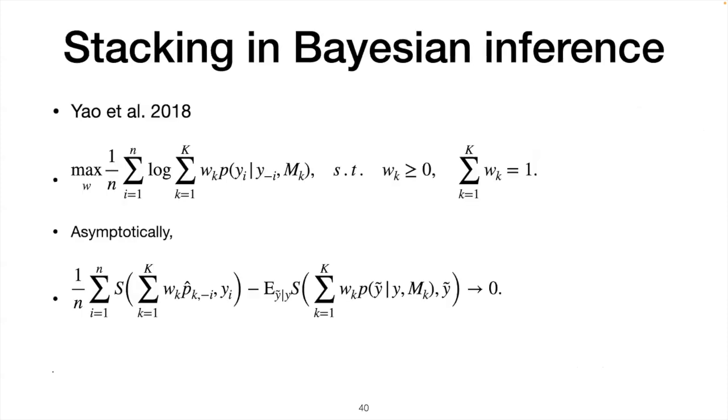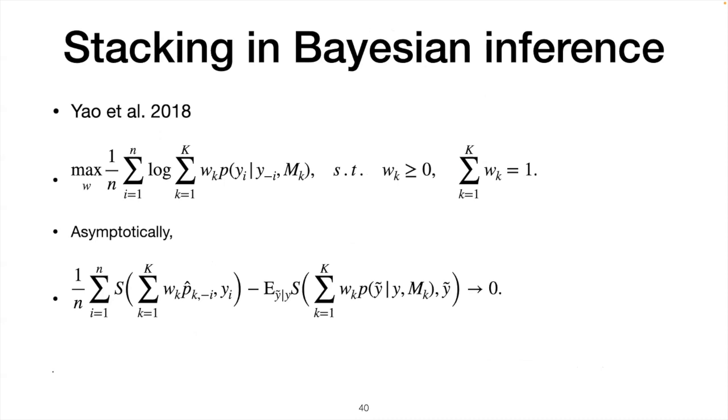We can certainly apply this idea to Bayesian modeling. In Bayesian modeling, you only need a little bit of modification. For each model, you have the prediction on the i-th data point. You compute the leave-one-out log predictive density.